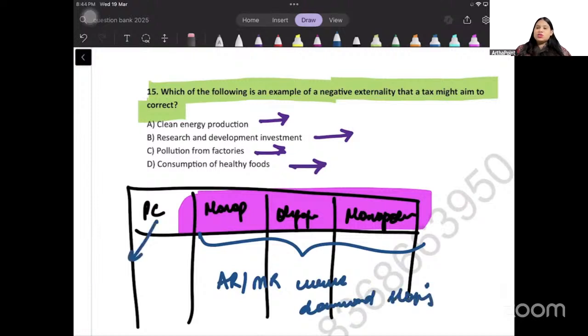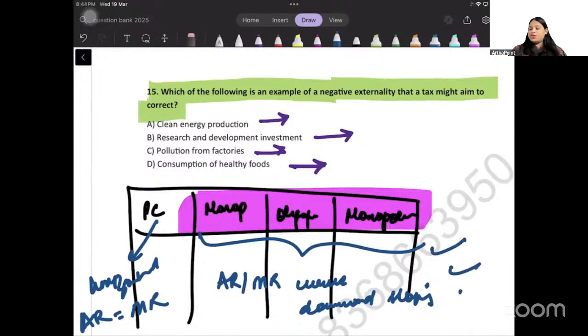Perfect competition is the only one which has horizontal AR MR curve with AR equal to MR. So make one sheet where you compare different features of these and then you can remember them.